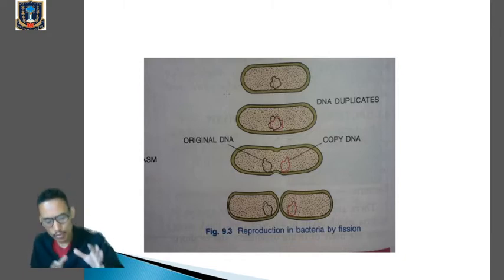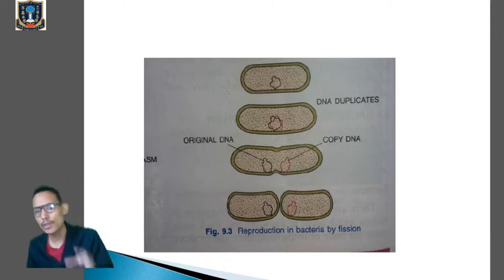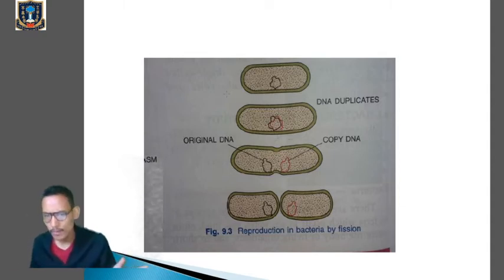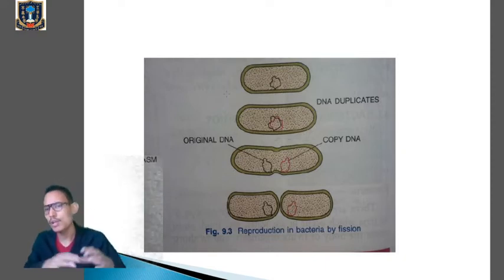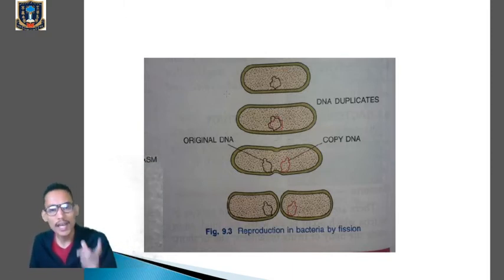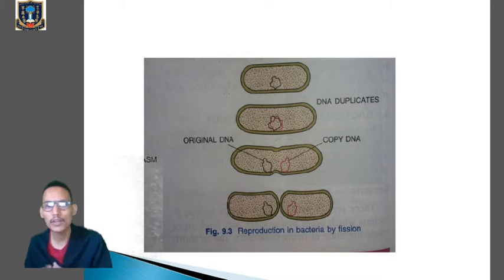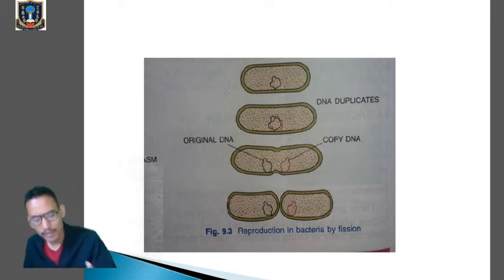So for mode of nutrition, we have the heterotrophic mode, because most bacteria have no chlorophyll. Those who have chlorophyll are called photoautotrophic bacteria. But those who are not able to prepare their own food are called heterotrophic bacteria. Under heterotrophic bacteria, we have saprophytic bacteria and parasitic bacteria.